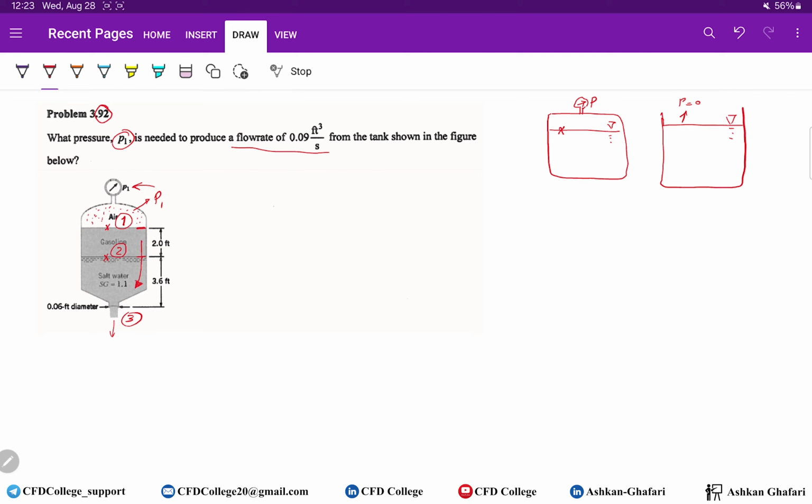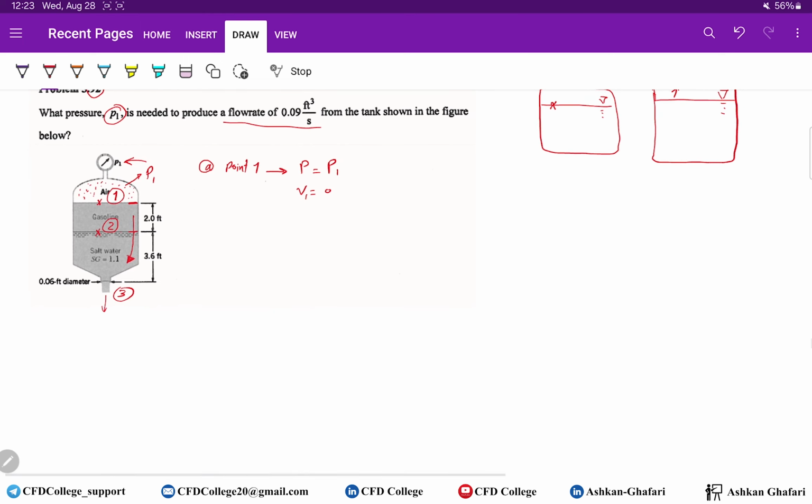So for example, in this problem, at point 1, we know pressure equals P1 and velocity is 0. And the same for point number 2, velocity is 0. So we only have velocity at point 3, which is the exit.